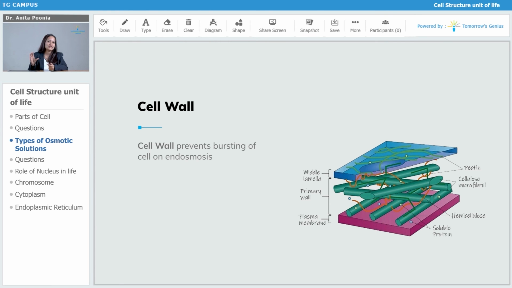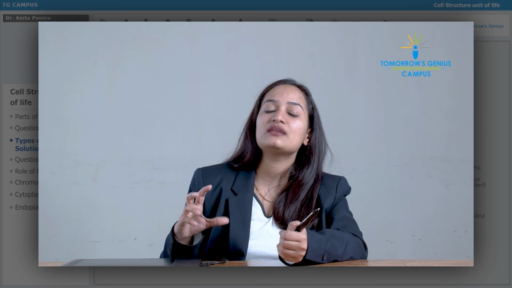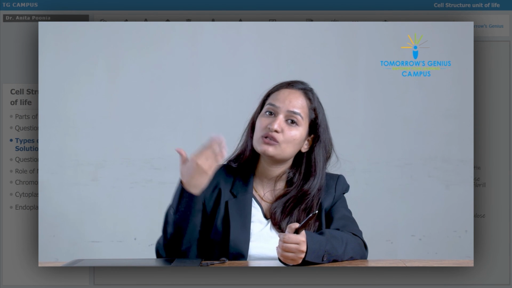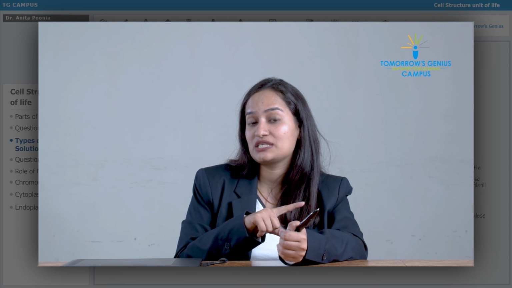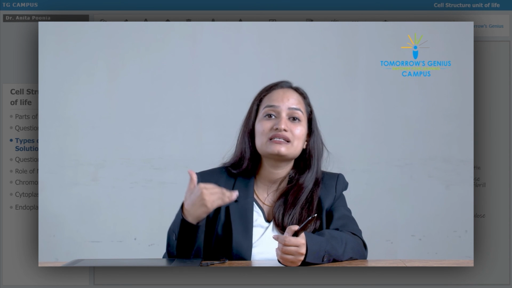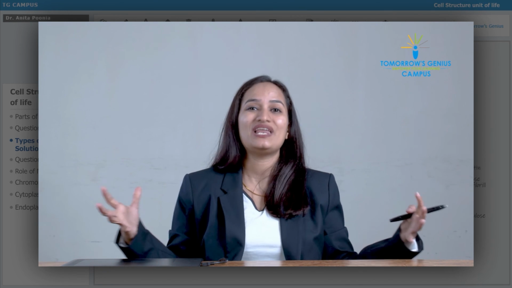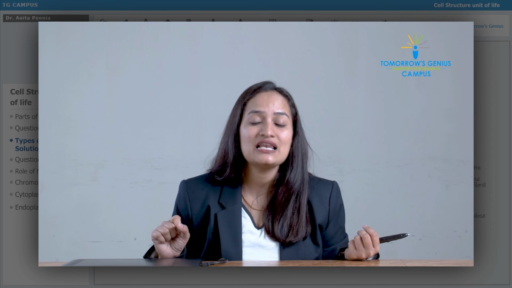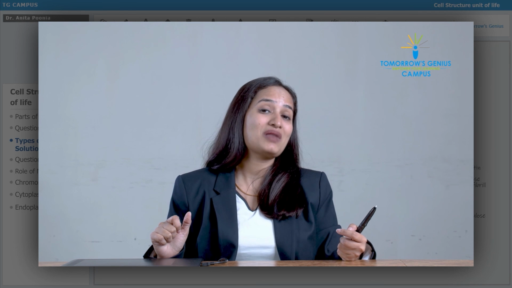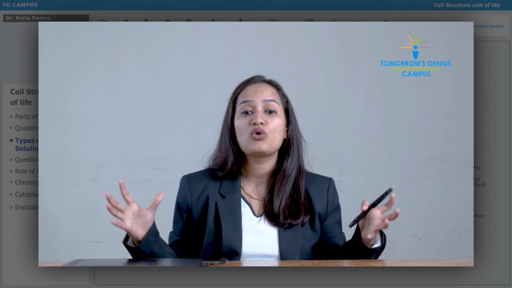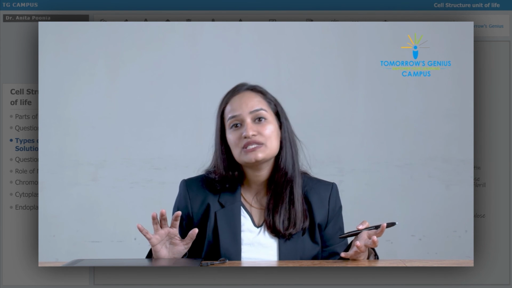Again, like we saw in the example of the hypertonic solution, even if the plant cell is taking in lots and lots of water and it's just swelling, still something is preventing the plant cell from exploding or bursting. Who is doing that?